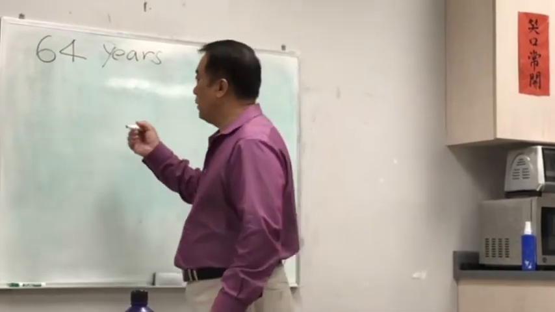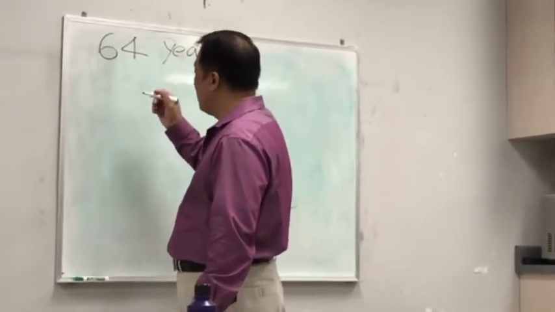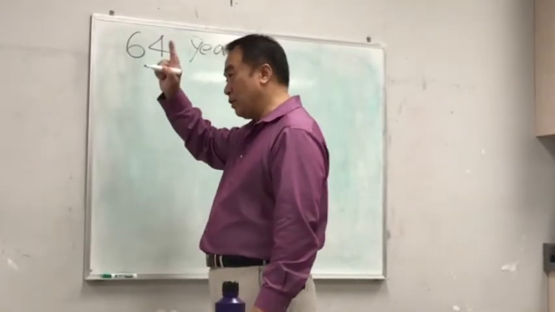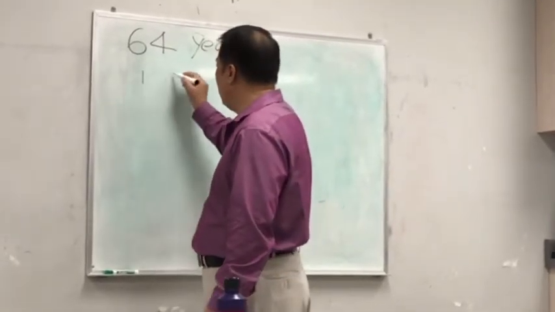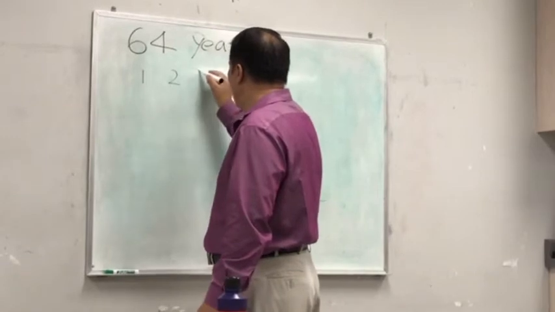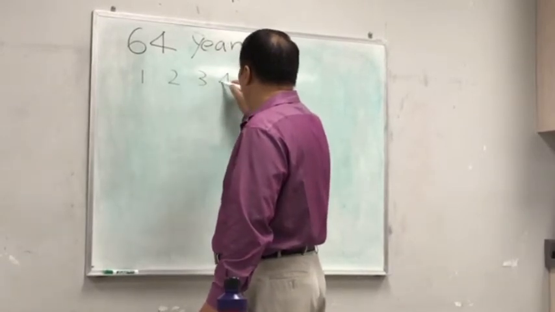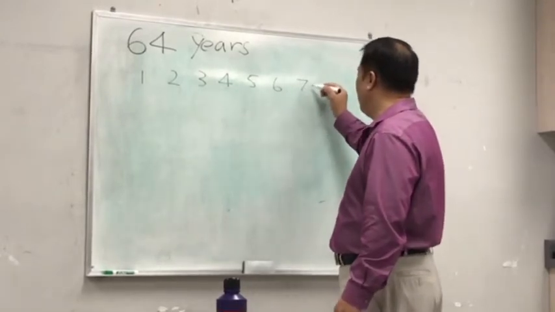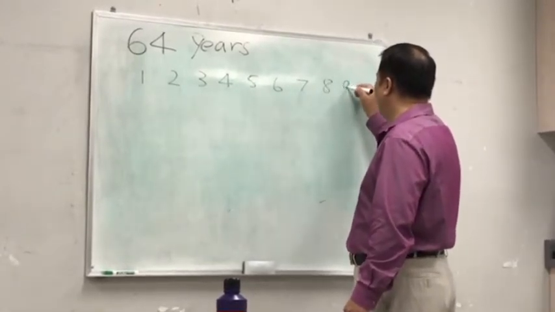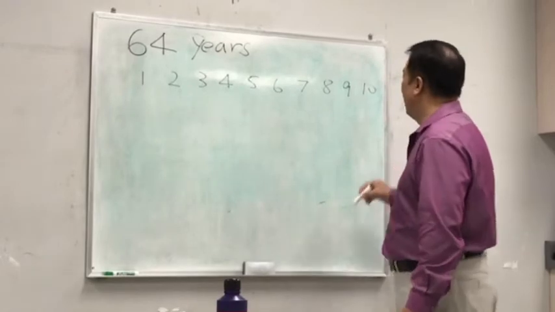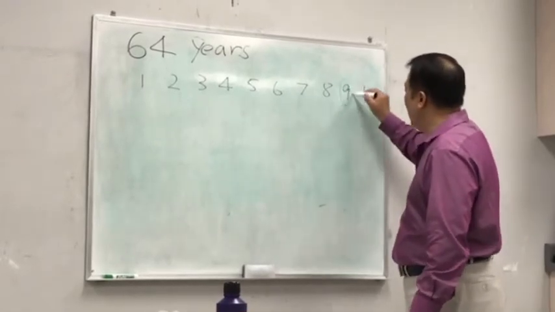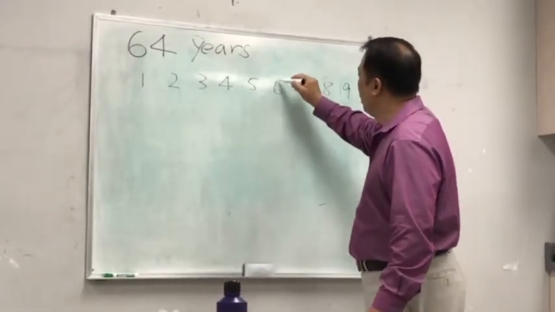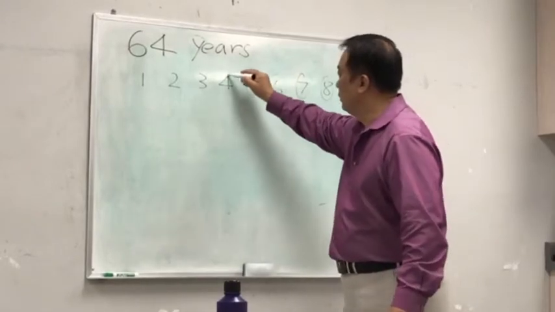Okay. So first of all, the system is using the sky. We have 1, 2, 3, 4, 5, 6, 7, 8, 9, and 10. Now, remember, this is an individual unit. It's not just a number.